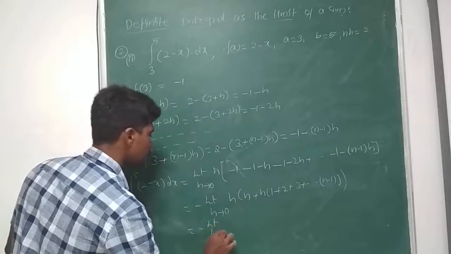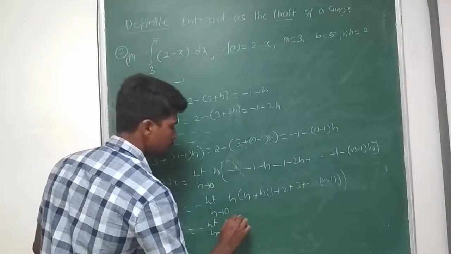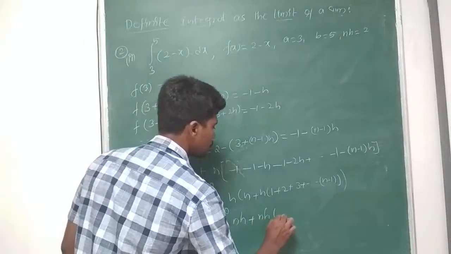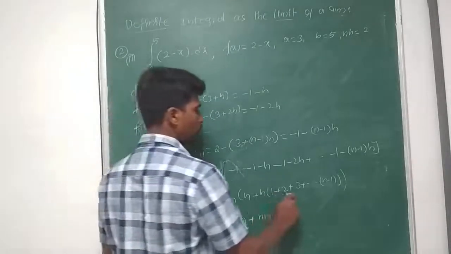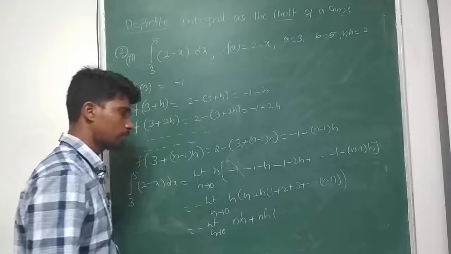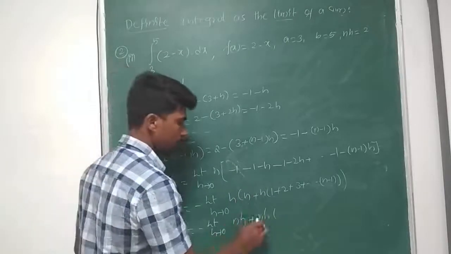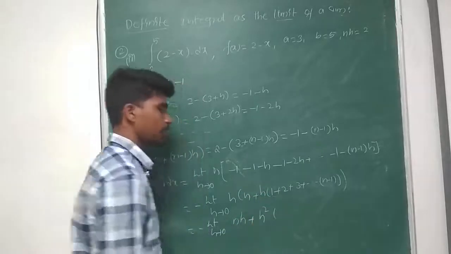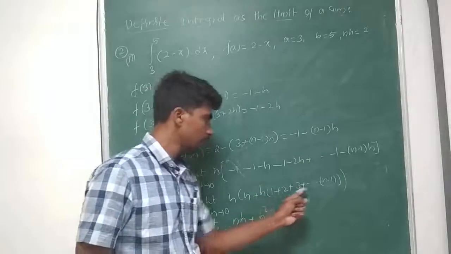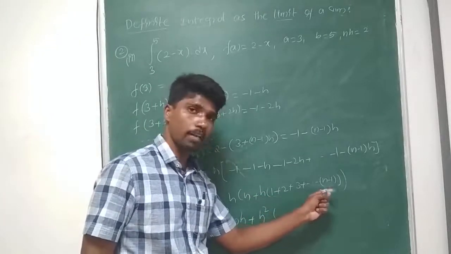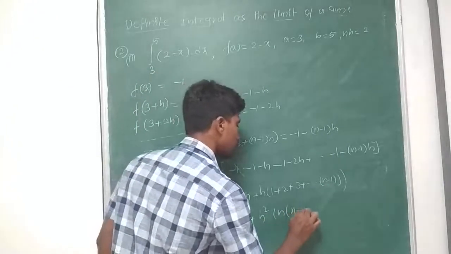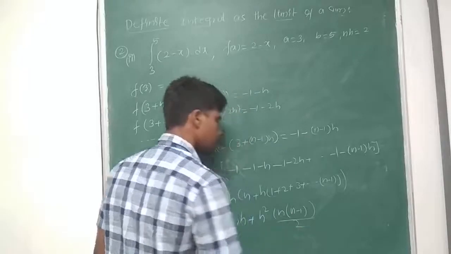Minus limit h tending to 0, h into n plus h square into sum of first n minus 1 natural numbers, which is nothing but n into n minus 1 by 2.